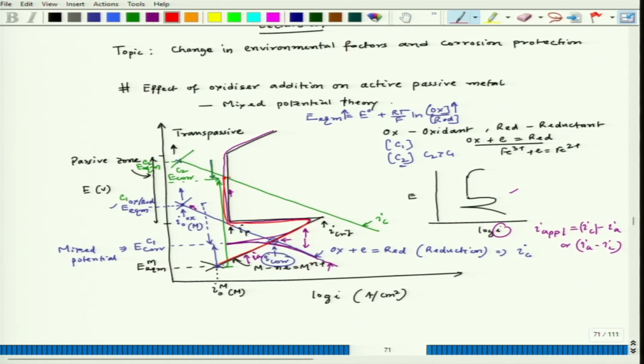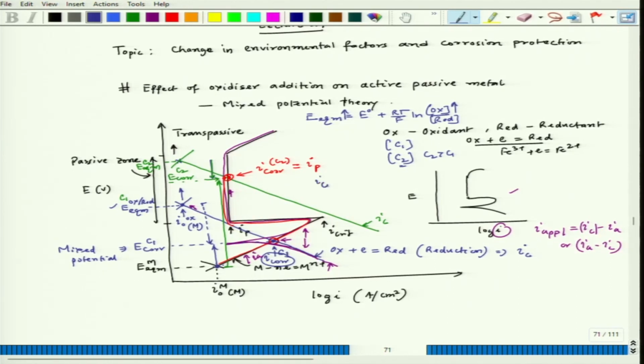So, in this case the system, if you see this corrosion rate, this will be corresponding to I core when concentration of oxidant is C2, which is nothing but I passive. And here in this case it was I core corresponding to C1.